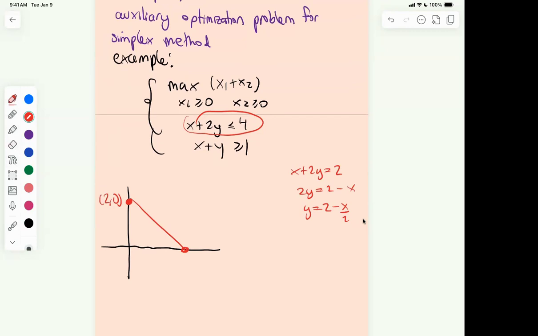Okay, so that is (0, 2), and then this will be (4, 0), right? Okay, and then the other one, oh right, the intersection happens later on.